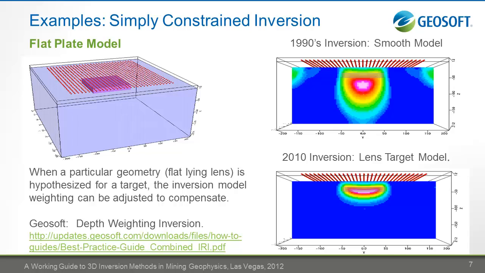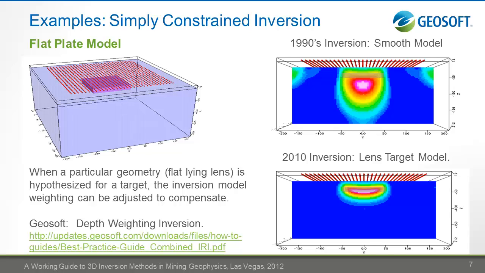Now what I'm showing on the left is a flat-lying target with a geophysical survey flown over it, and on the right at the top I'm showing the 1990s style smooth model inversion. You can see that that does pick up the top of the plate, but the general model is deep and indicates something below the true model.